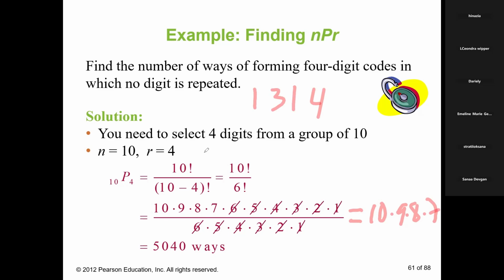Which number do you repeat? 1. Okay? So therefore you cannot repeat. Later on you will use a different formula if you want to repeat a digit. That's permutation. Okay? Got it?